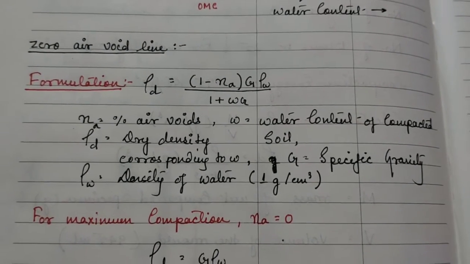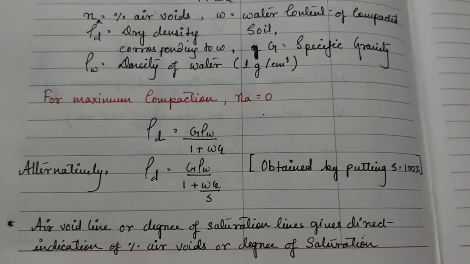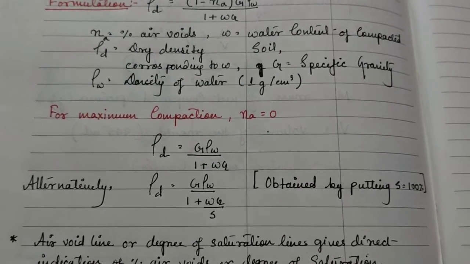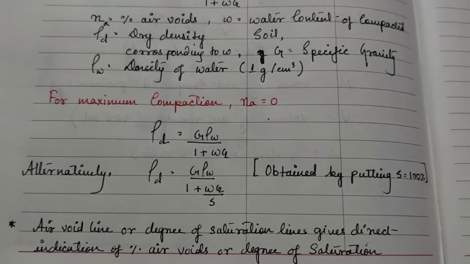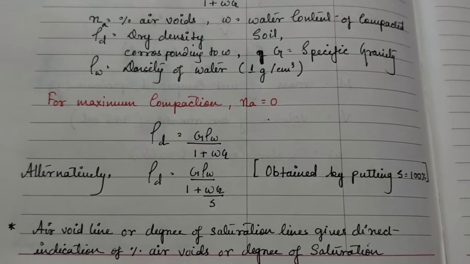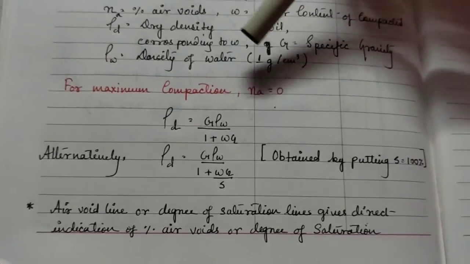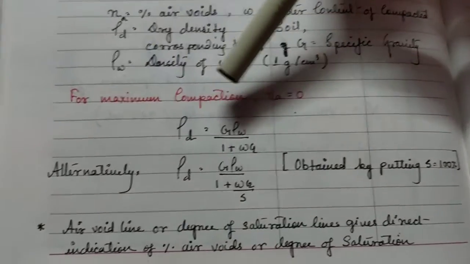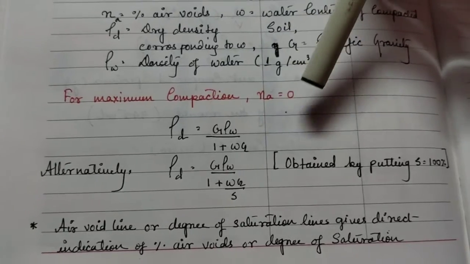The theoretical maximum compaction for any given water content corresponds to the zero air void condition, as we know that maximum compaction can be achieved when all the air present in the voids of the soil is eliminated. So for this reason we are considering na as 0. So whenever maximum compaction is achieved, we will have the air voids as 0.